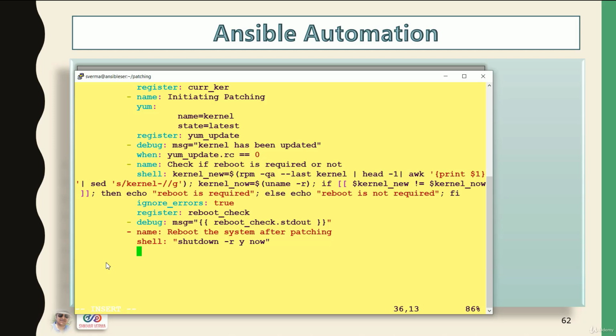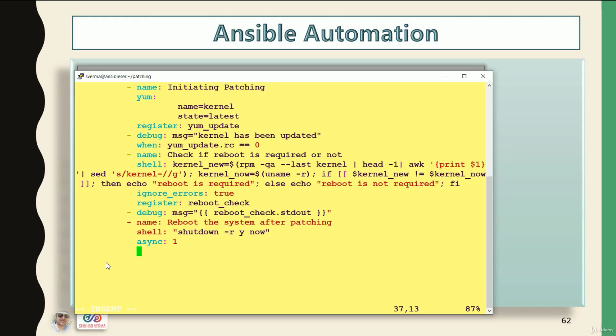So I have to use a few more options, that is async, and I'm giving 1 minute. Basically it is telling how much time this command will take. I'm putting 1 minute, or you can put whatever time you want, and immediately it will go to the next task.